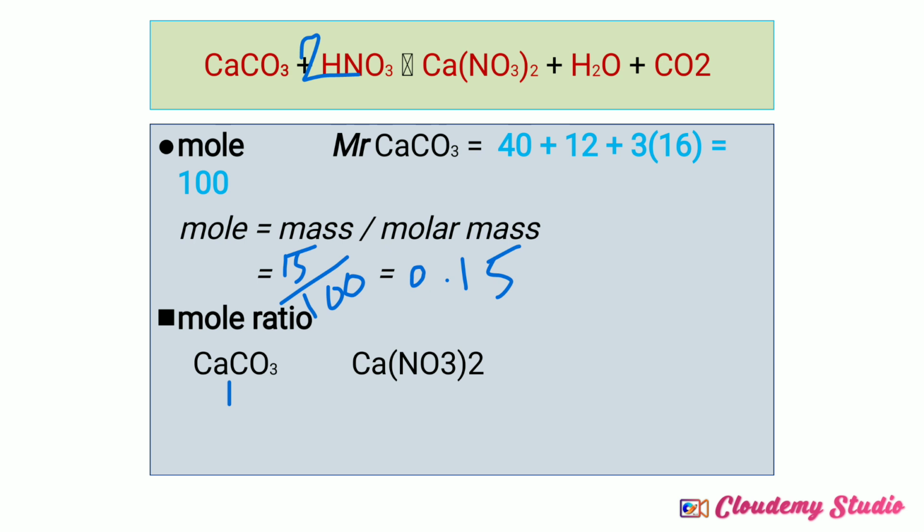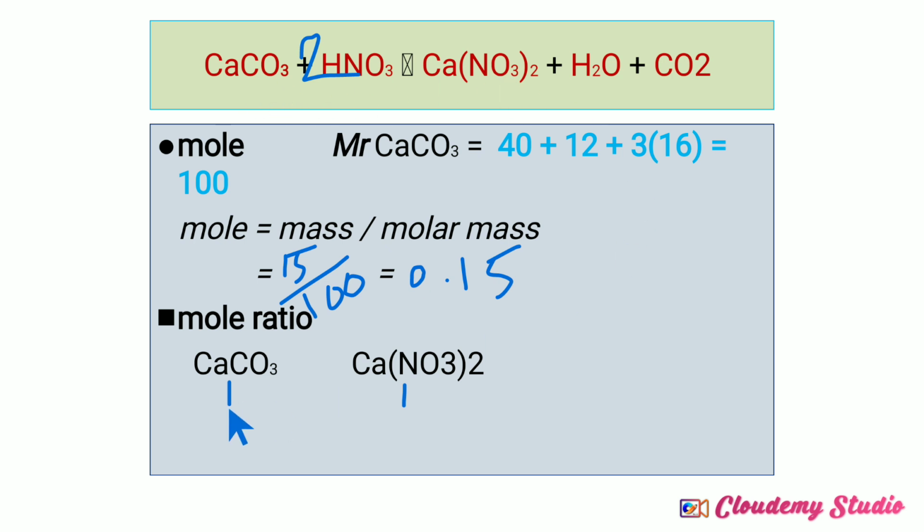Calcium nitrate, if you check in the equation, also has no coefficient mentioned, so calcium nitrate is also only 1 mole. So first we have written the moles of the given substance and the unknown substance, the substance to be found, as per the balanced chemical equation.